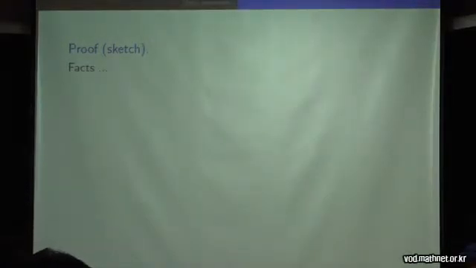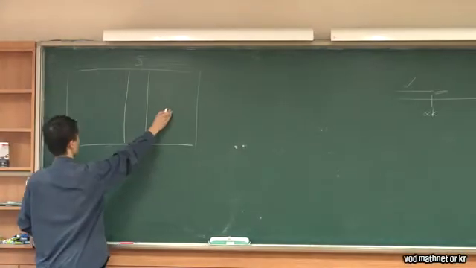Firstly, G itself is not K-connected, so I have this as my G. So I have a cut set, let's call it S, and then two parts.